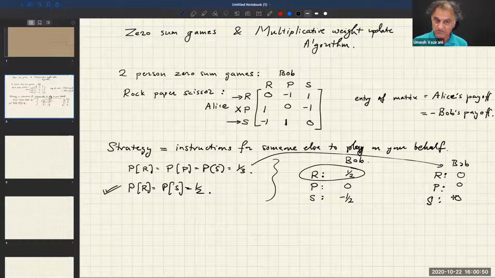I just want to stop to see if there's a quick question about the setup, about what the game is. No questions yet. Okay, great. Actually, it's also a quick question to see how many people have seen zero-sum games already.